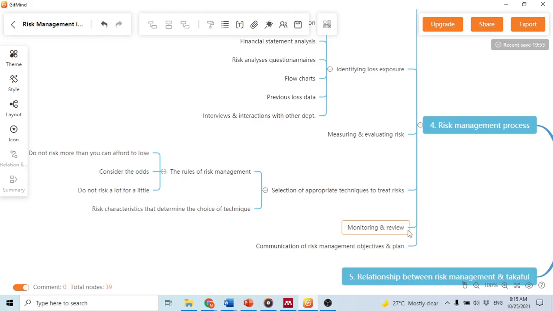After treatment of risk has been taken, it is important to monitor it so that any modification that needs to be undertaken should be monitored and highlighted in this process.